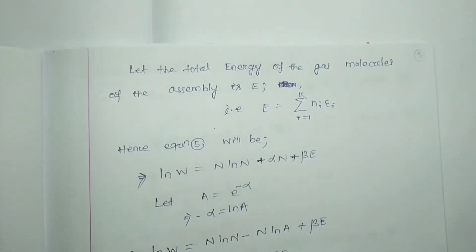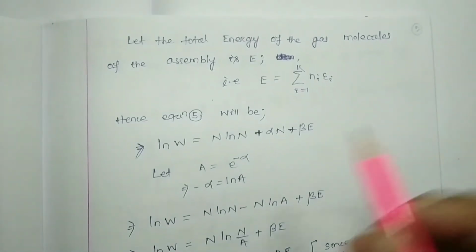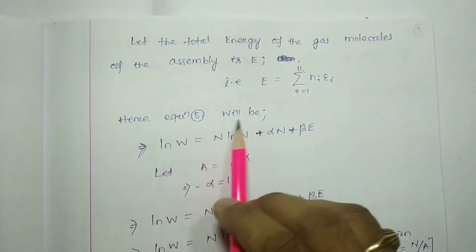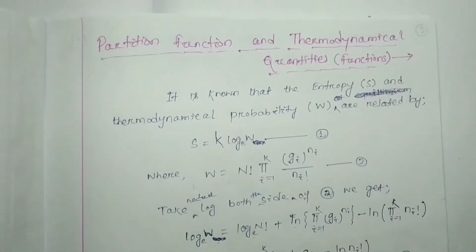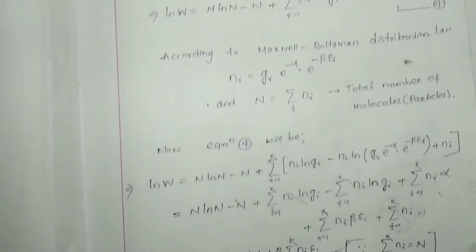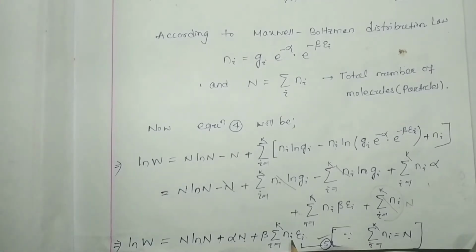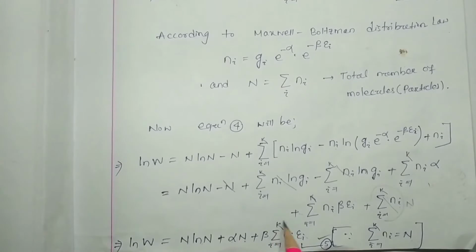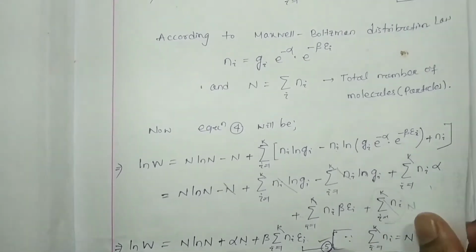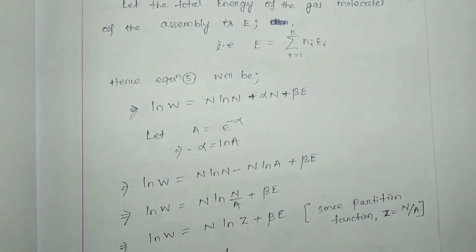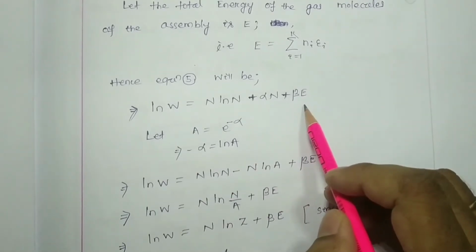Hence, in equation number 5 you can see your last term, n_i epsilon_i summed over i equal to 1 to k, is the representation of the total energy of the assembly of gas molecules. So here we are going to put E, the total energy.